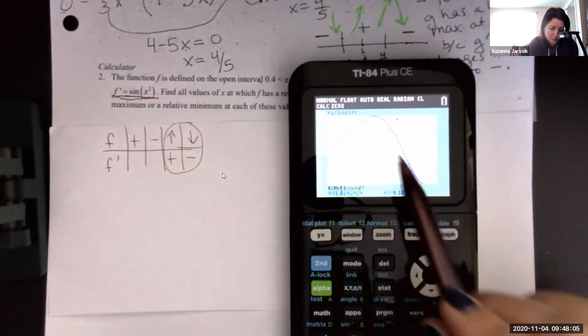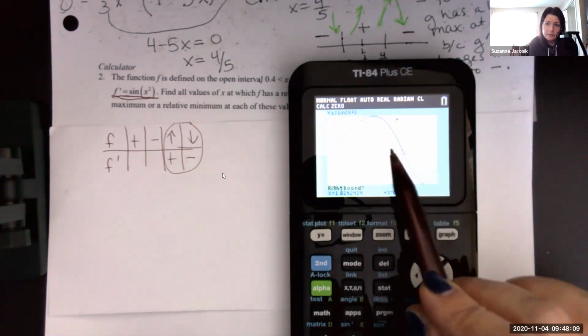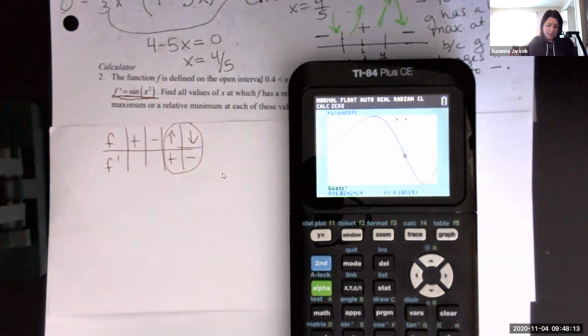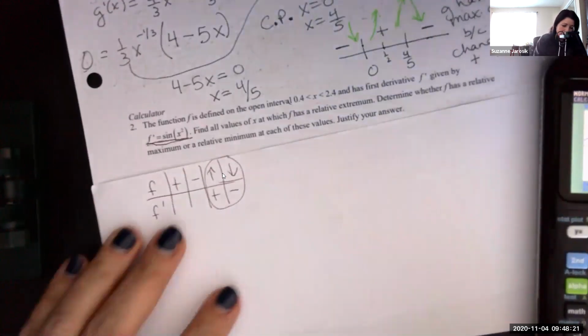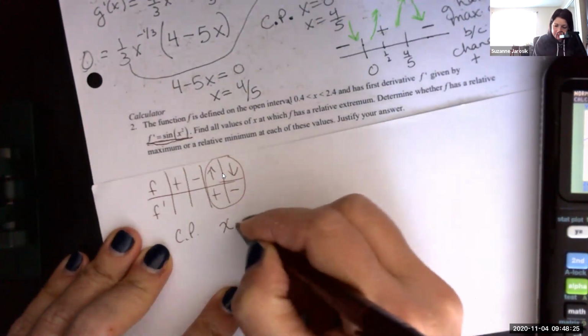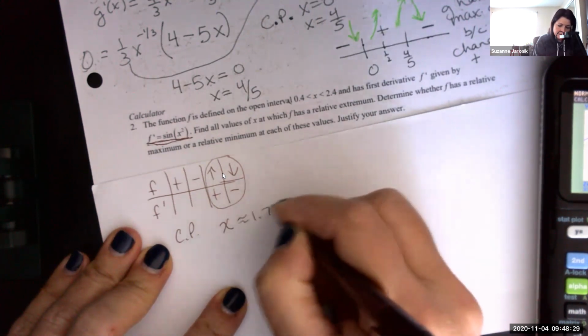And again, I'm going to put the pen across there as my x-axis. So I am on the right side. Okay. And then you hit enter. You don't have to guess, but your 0 is at 1.772. Okay. So your critical point is x is approximately 1.772.